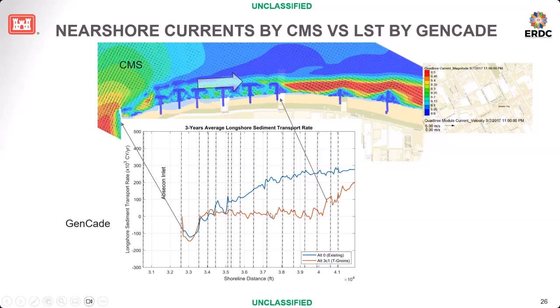You can see that under protection of the structure, the longshore sediment transport is very stable and very low. However, after the last structure, the sediment transport rate recovers naturally to the natural transport magnitude. So in this transition period, sediment transport is very active, causing so-called downdrift erosion.